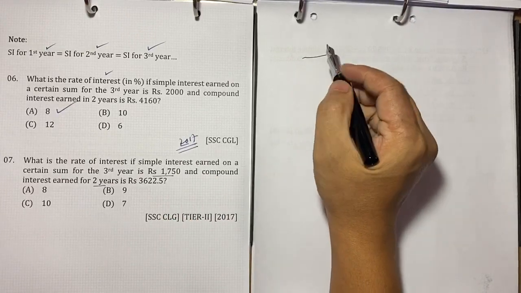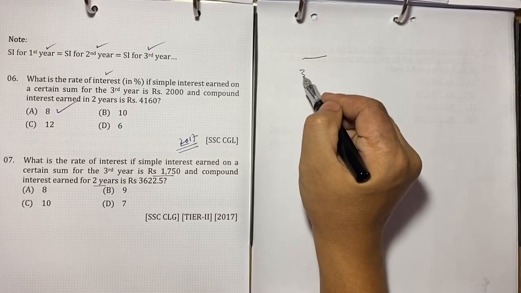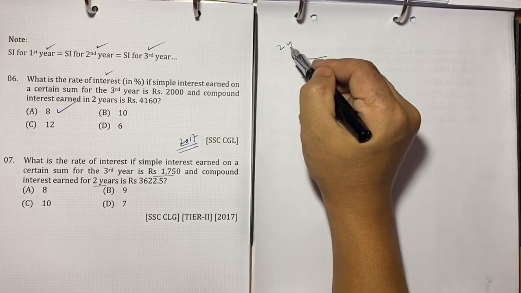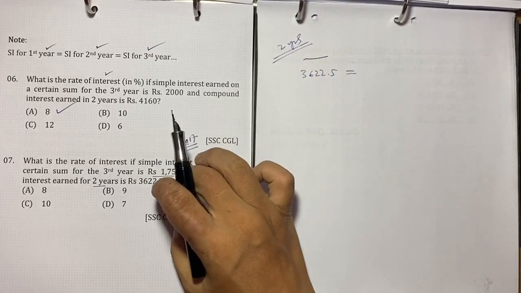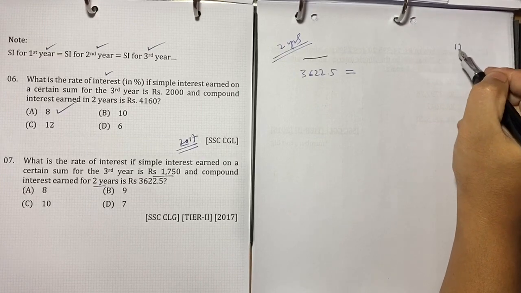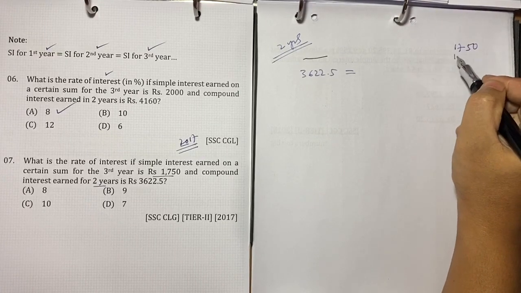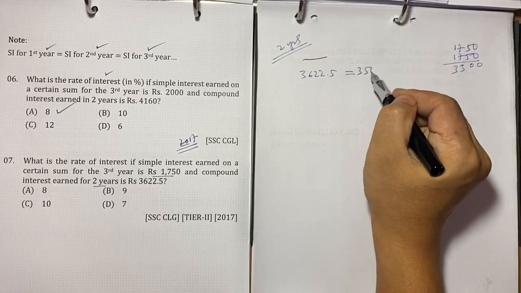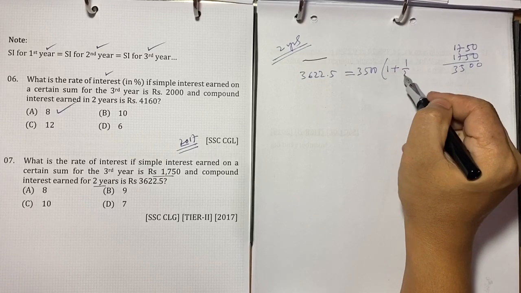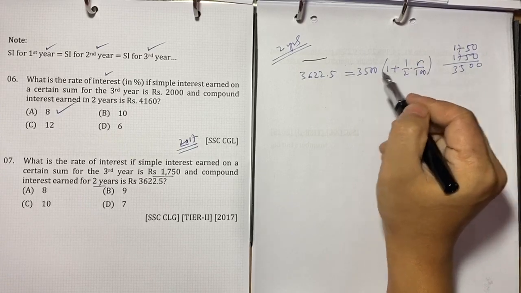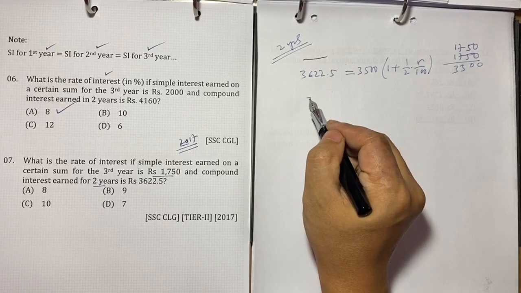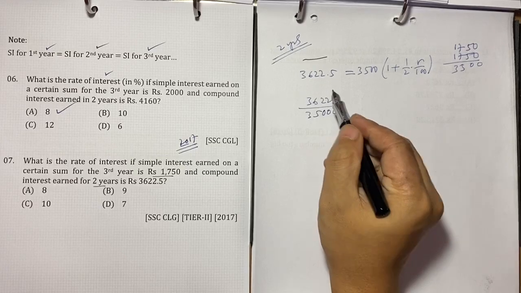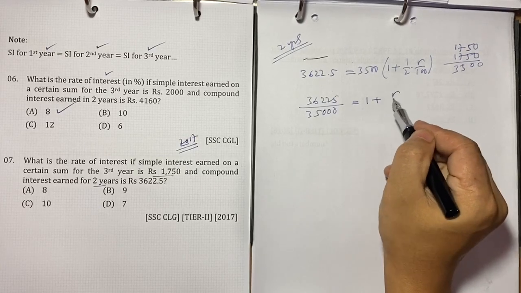So in this case, compound interest 3622.5 equals simple interest for 2 years, 3500, into 1 plus half into r divided by 100. Solving, 36225 over 35000 equals 1 plus r divided by 200.